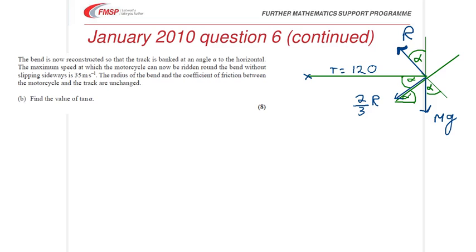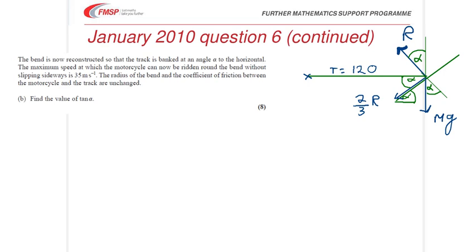Right, this time the maximum speed is 35. So same diagram as before, effectively with friction being limiting. So friction's 2/3 R, and the speed now is 35.